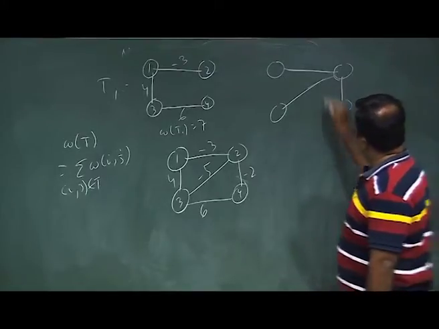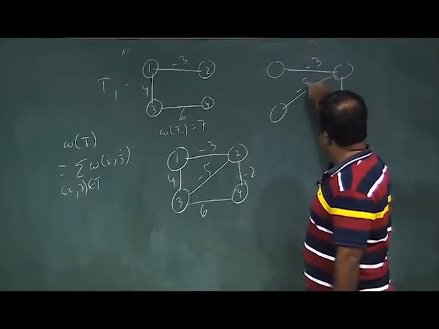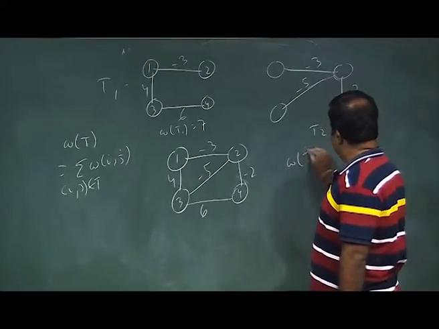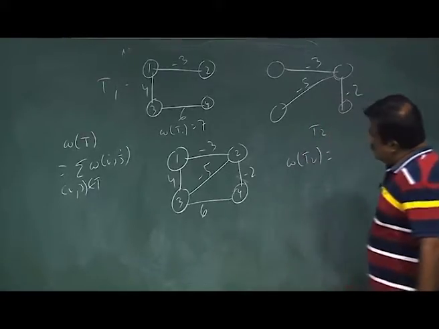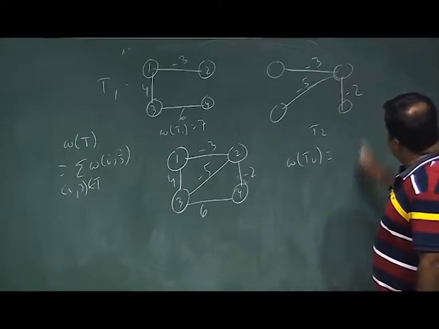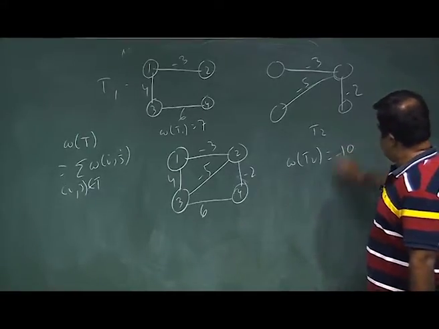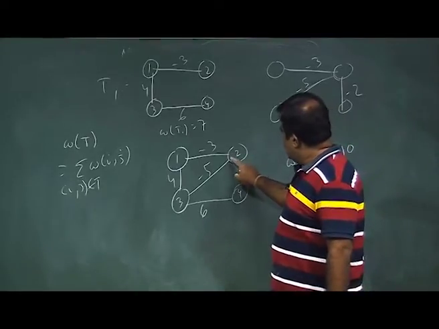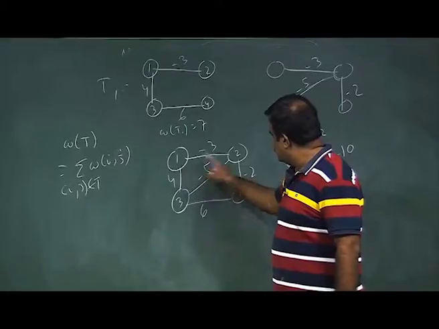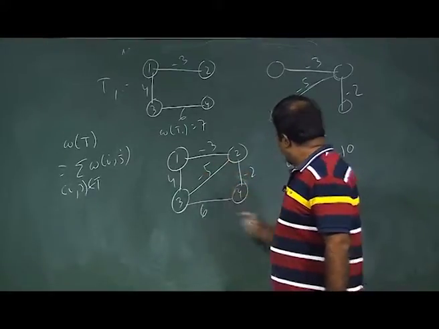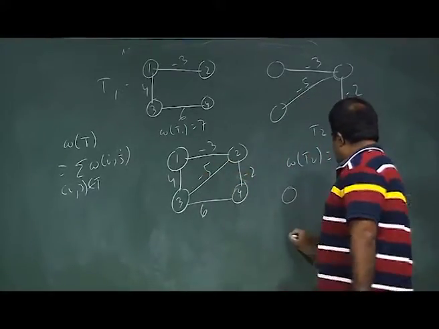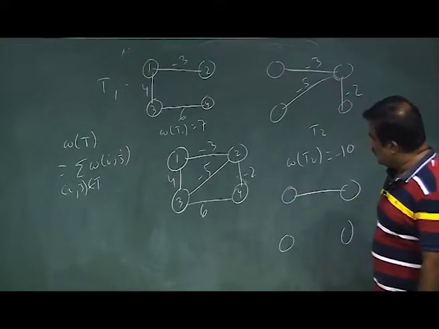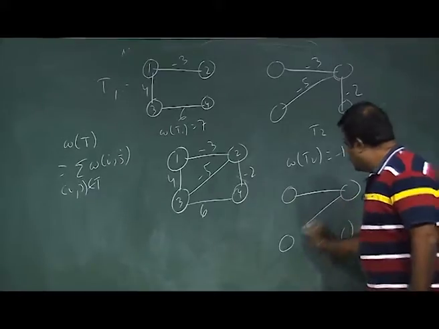Its weight is -3, -5, -2. If this is T2, the weight of T2 is -10. We have another tree like this, with this, this, and then this.